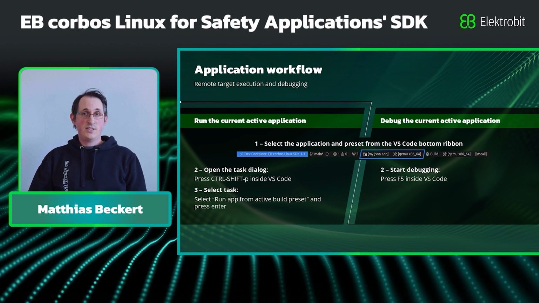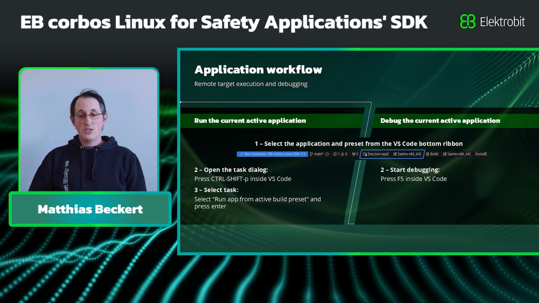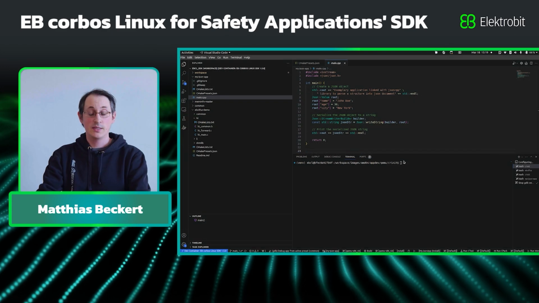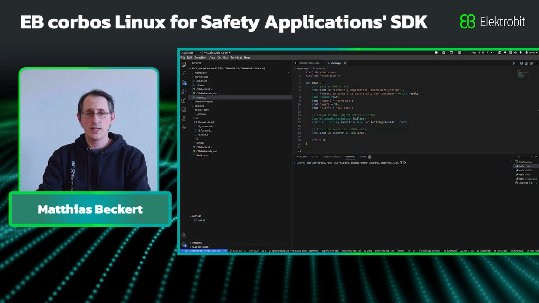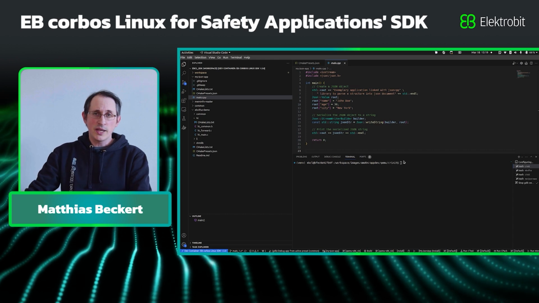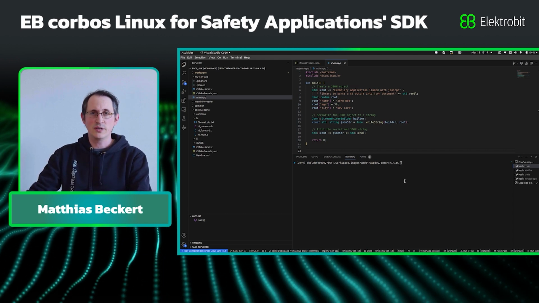So, having said that, let's have a look how this looks and feels in a running system with a real target. Again, we take the MyJSON application, which is part of our workspace. And we would like now to execute this application as part of a target image.